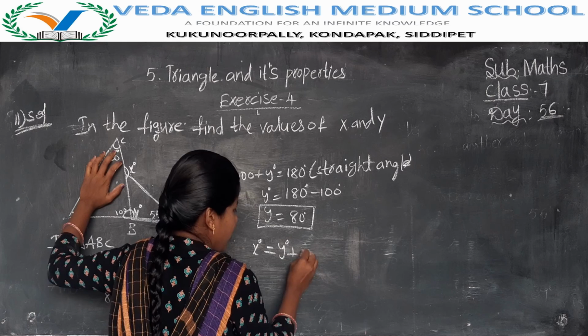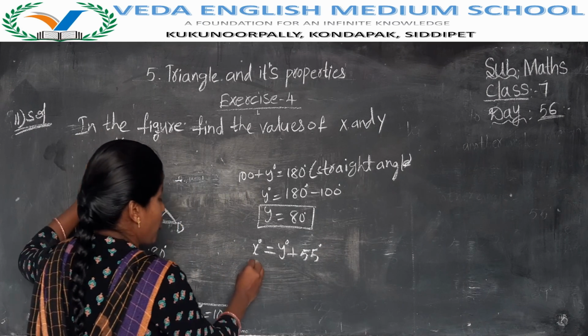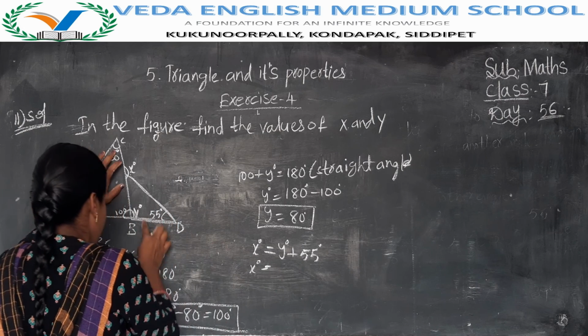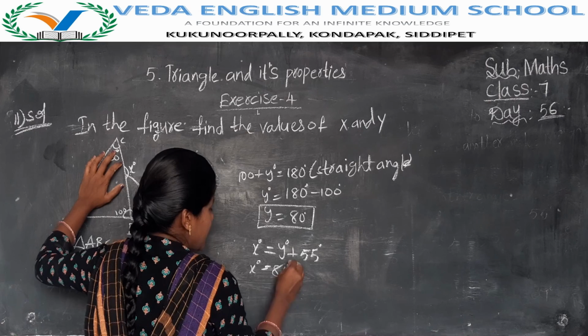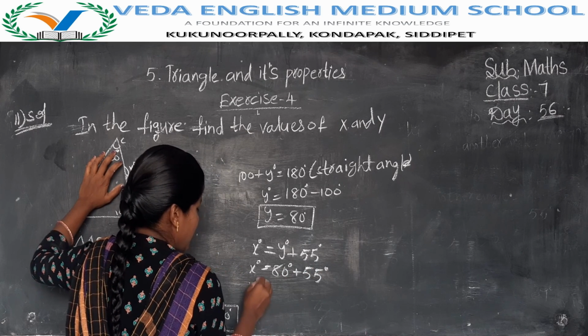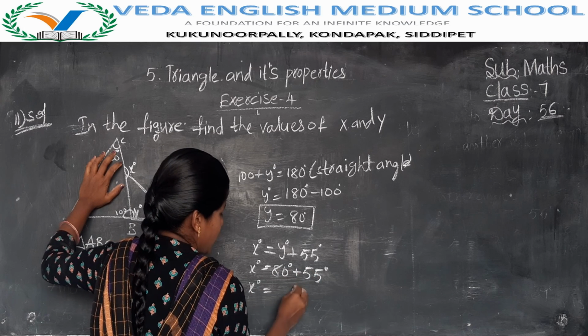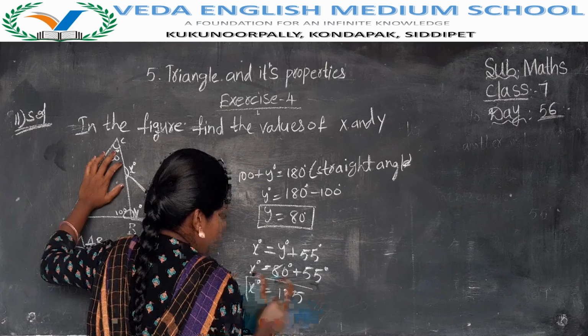Why? Because of the triangle's second property. So x is equal to y, that is 80 degrees, plus 55 degrees. So x is equal to 135 degrees.